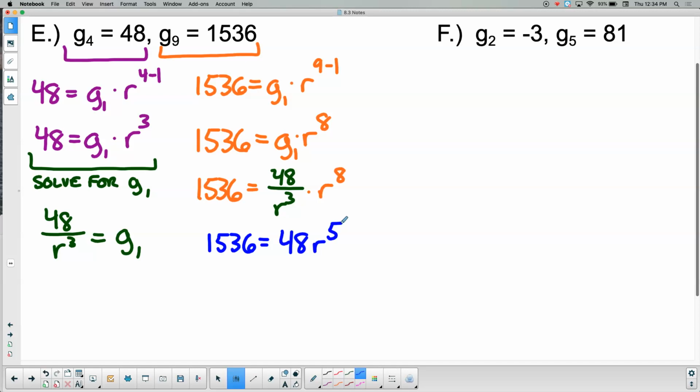I would divide both sides by 48. 1,536 divided by 48 is 32. Still need to solve for r, so now what am I going to do?